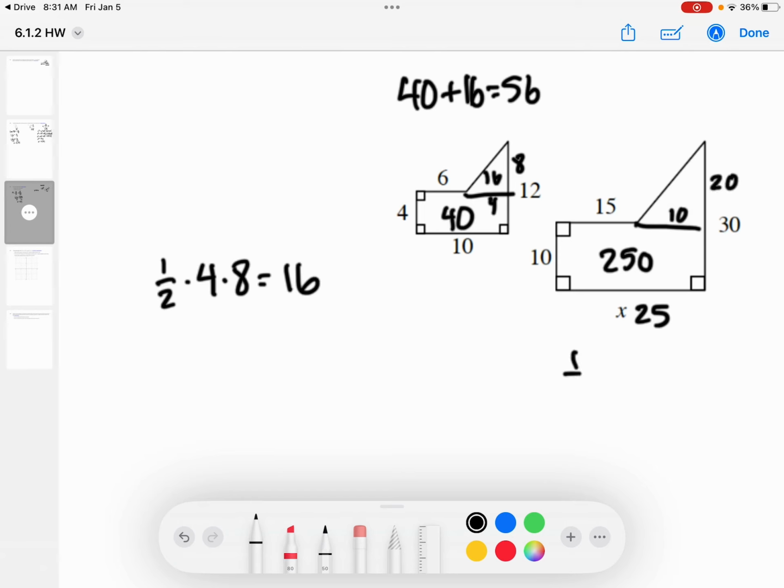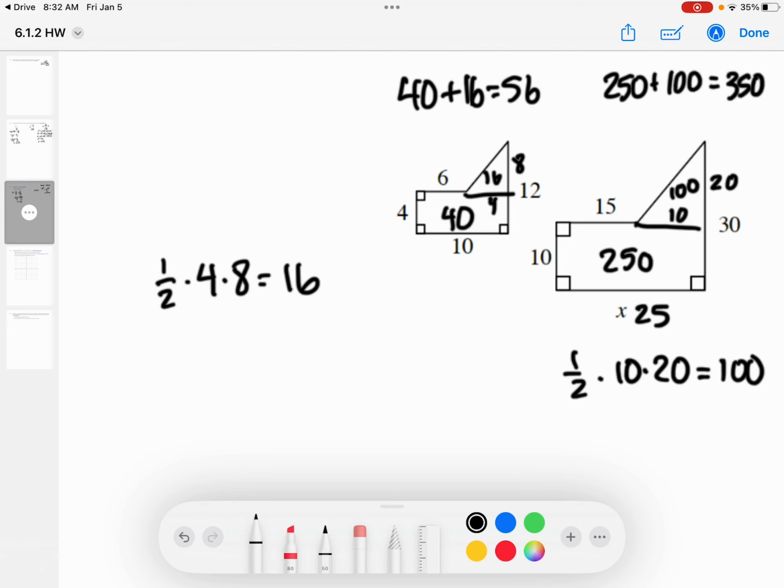So 1/2 times base times height is going to give me 200 divided by 2, 100. So 250 plus 100 equals 350. Okay, so our small area is 56. Our big area is 350.